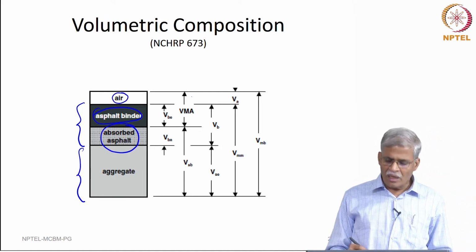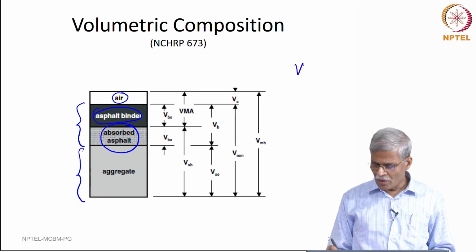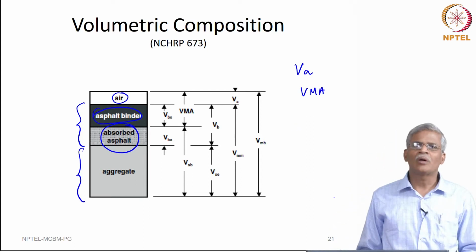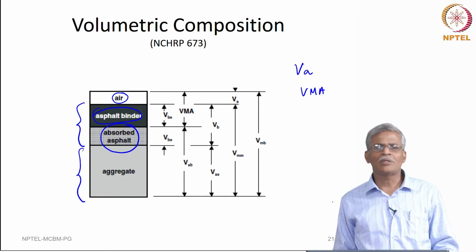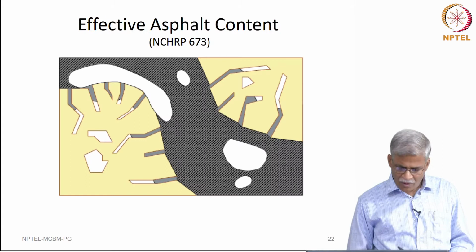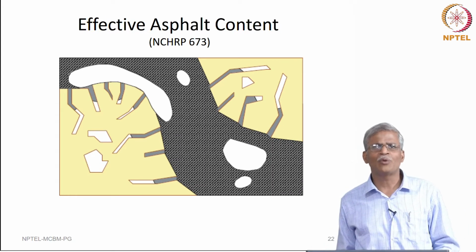So, these are terminologies, these designations that you see here: voids, air voids, voids in mineral aggregates, voids filled with asphalt, are some of these terminologies which are very familiar to those of you who have carried out a mix design. So, there are a few things that we need to understand before we proceed.